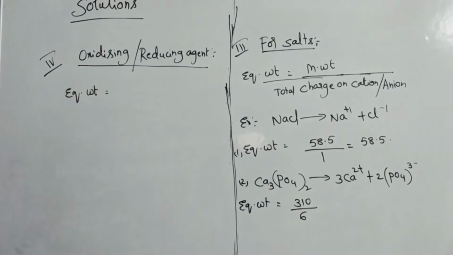Then look at the relation between molality and molarity. What is the relation between molality and molarity? Small m is equal to 1000 into M by 1000 into d minus M into GMW of solute.